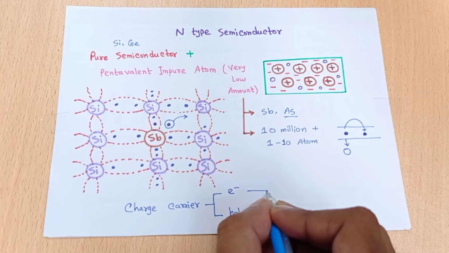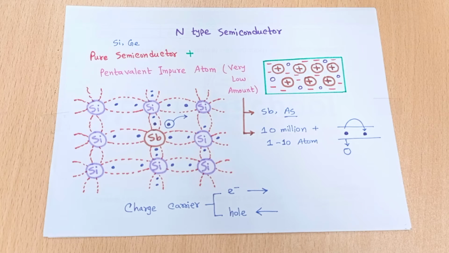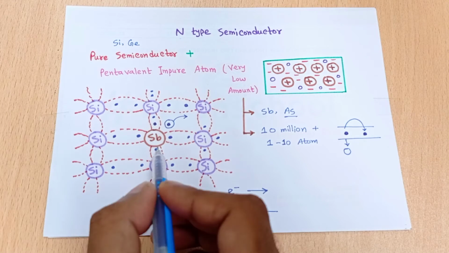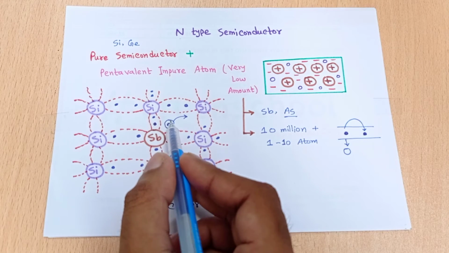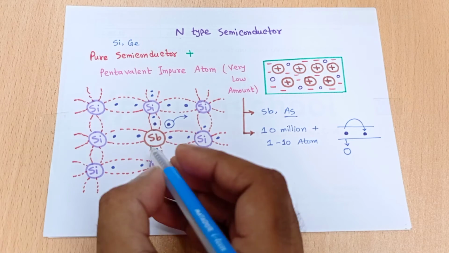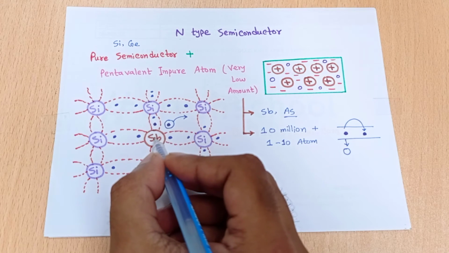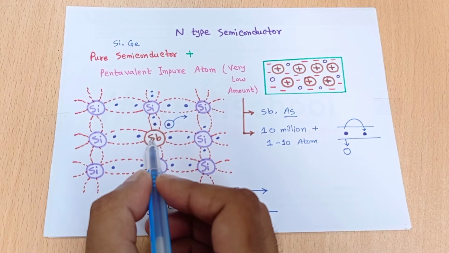If the electron is flowing in one direction, then the hole is flowing in the opposite direction. Here we see there is an extra number of electrons, because all the electrons are set, but there is an extra number of electrons which comes from this pentavalent impure atom or antimony.